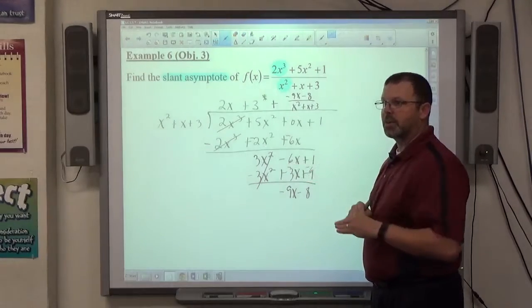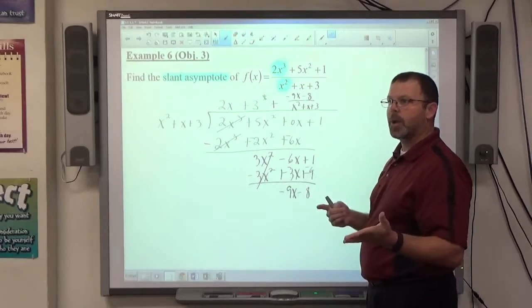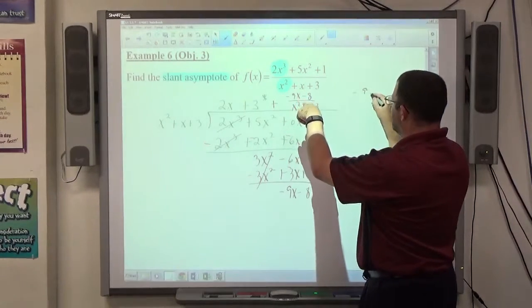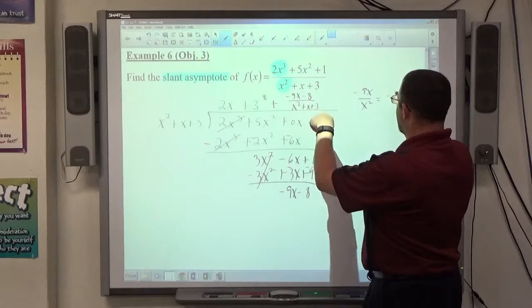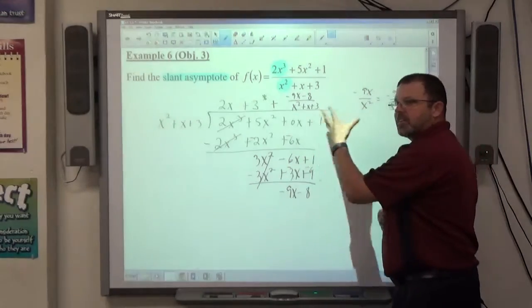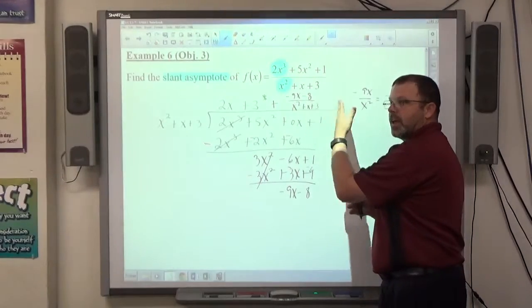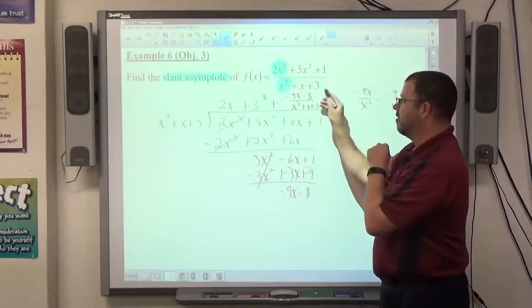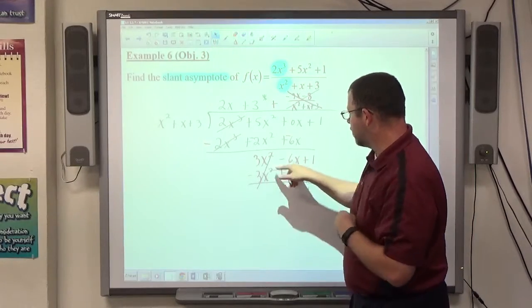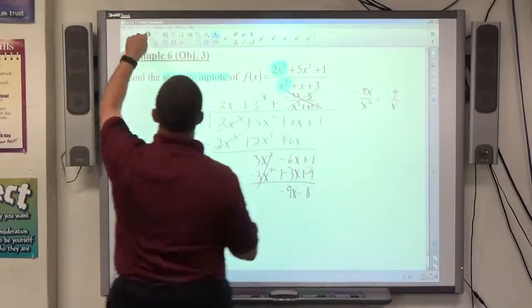And in the process, I say ignore the remainder. Here's why you ignore the remainder. As x gets towards infinity, I have negative 9x over x squared, which reduces to negative 9 over x. That goes to 0. So as x gets extremely large, either positive or negative, that goes to 0, so that's irrelevant.